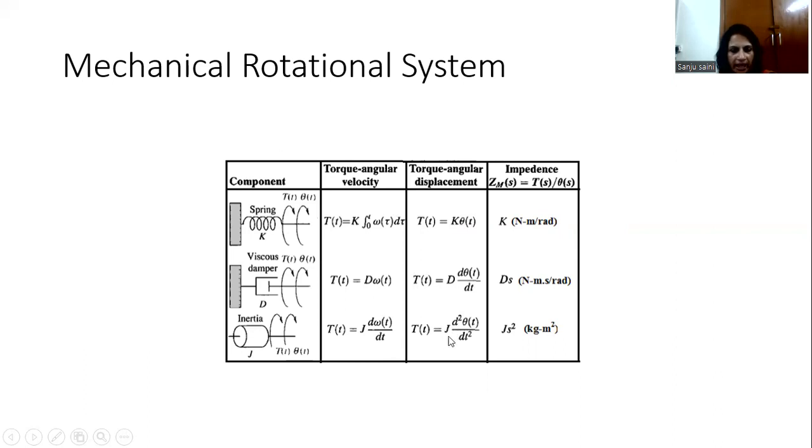Here we are having J, and here we are having the angular acceleration, and instead of F, this is equal to T. So this is the mechanical rotational system. Everything is remaining the same, but the linear displacement is replaced by the angular displacement.